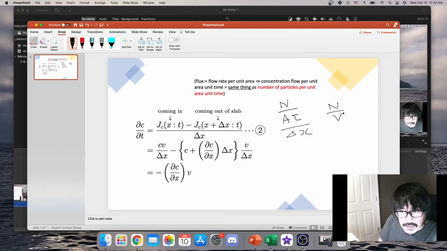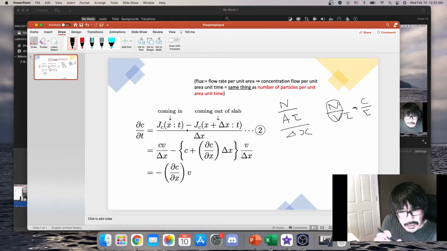And then I still have these tau things right here. So it's the concentration. If I put these things together, this becomes the concentration divided by time, right? So we're going to have exactly the same unit right here.